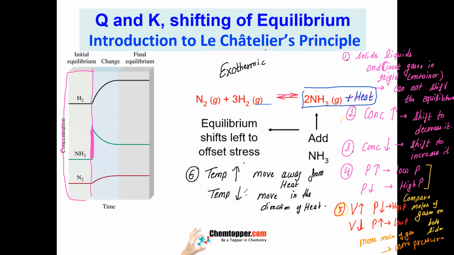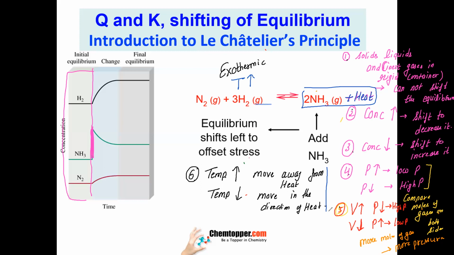High temperature. If I increase the temperature of this system, in which direction will the equilibrium shift? In which direction, Ariba? Use this statement which I have given you here. If I increase the temperature of the system, the equilibrium will shift in the direction away from heat.